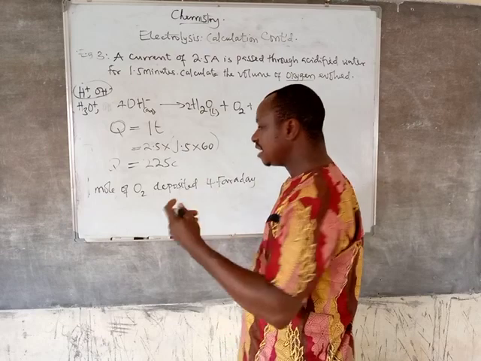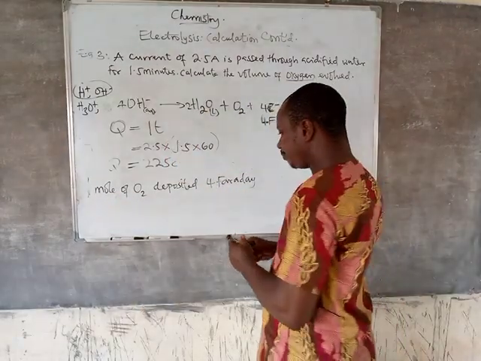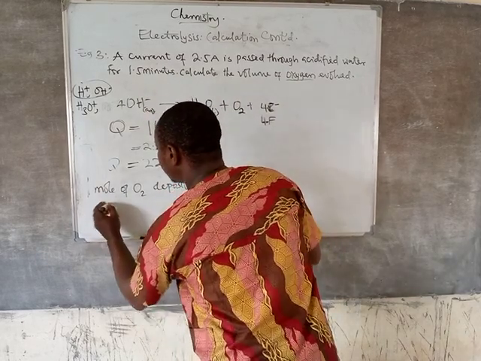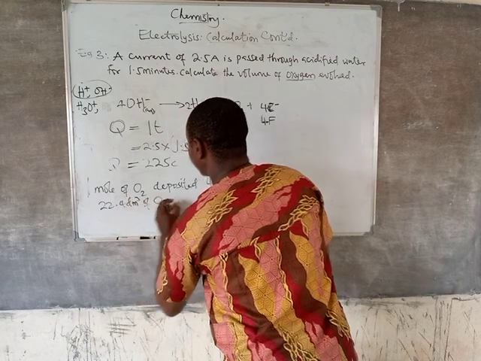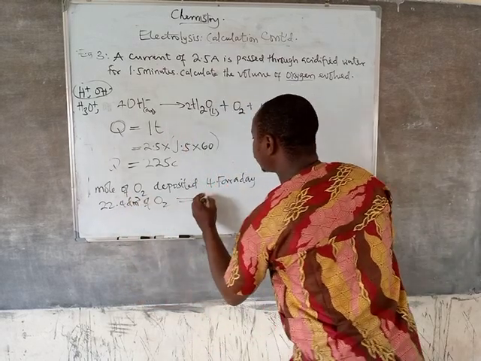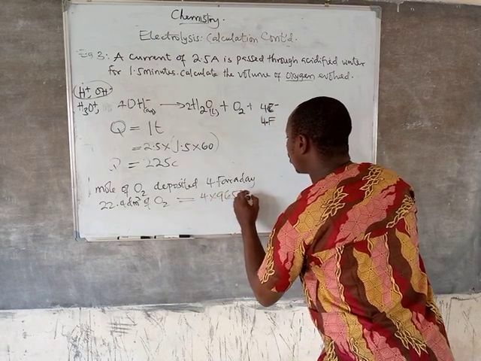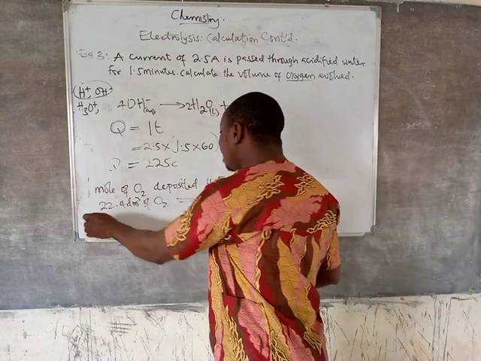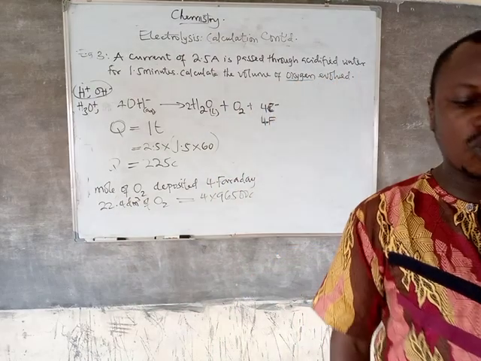So this becomes 22.4 dm cube. 22.4 dm cube of oxygen is deposited by 4 Faradays. Remember, 1 Faraday equals 96500 coulomb. That is what one quantity of electricity is.